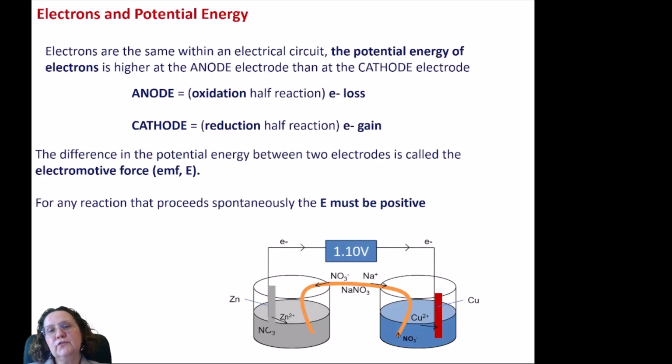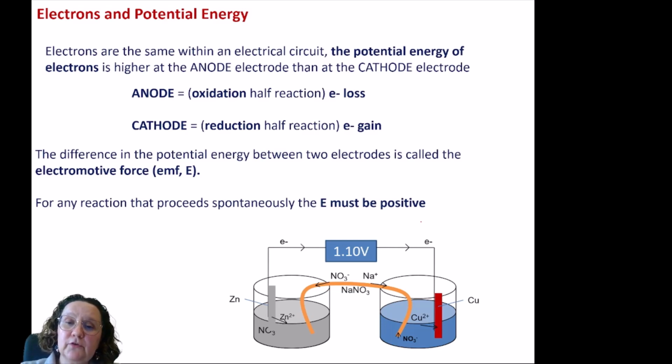So what do you do to get electricity out of your spontaneous redox reaction? Well, you let the ions and the compounds touch each other, but you don't let the electrons flow spontaneously throughout the solution. You conduct the electrons through wires.